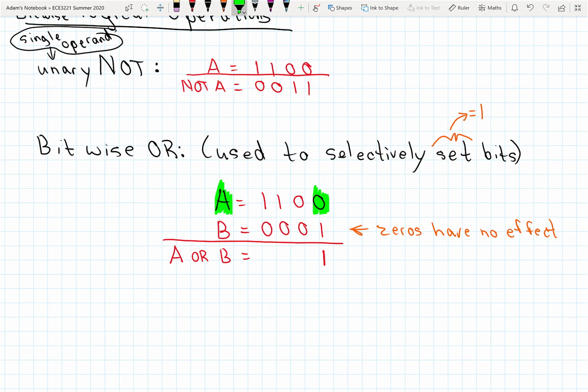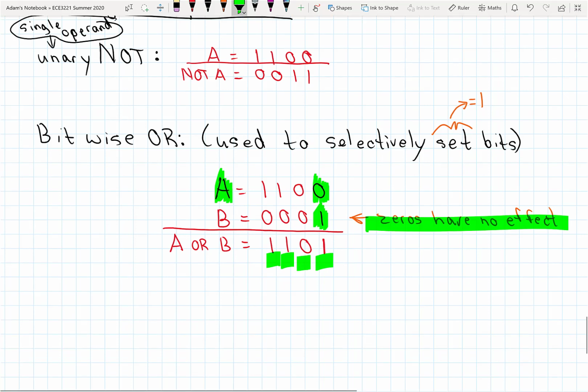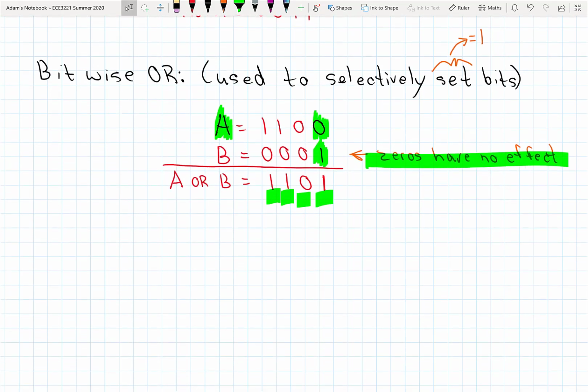So by ORing with a 1 in that B field, we've caused the output to go to a 1. The other bits of A remain unchanged, right? Because as I said here, zeros have no effect. Okay, so we've selectively set the least significant bit of A. The rest of A has remained the same, 1, 1, 1, 0. The least significant bit we selectively set, or made a 1.